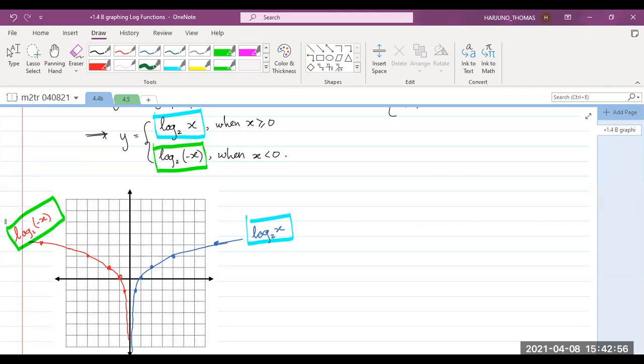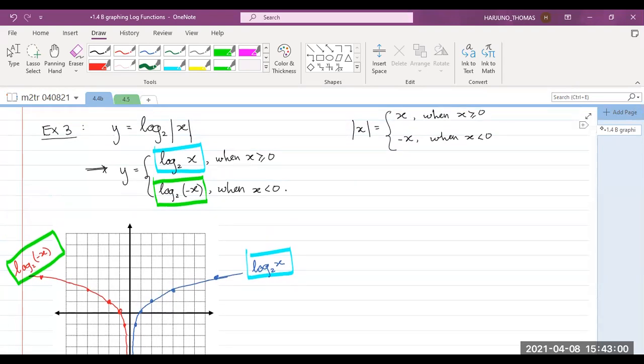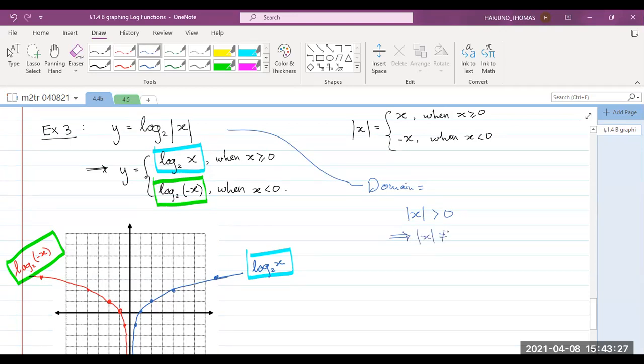Okay, and at least we see one thing to connect with what we learned. What is the domain of this log function now? Well, the domain will be when absolute value of x is greater than 0. But absolute value of x is always greater than or equal to 0. So the only time it doesn't satisfy is when absolute value of x equals 0.